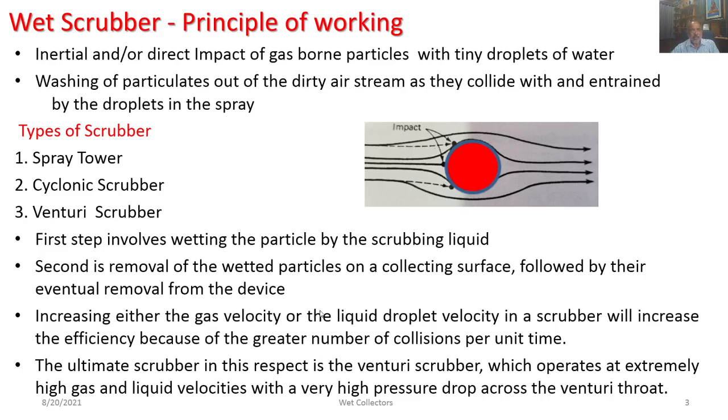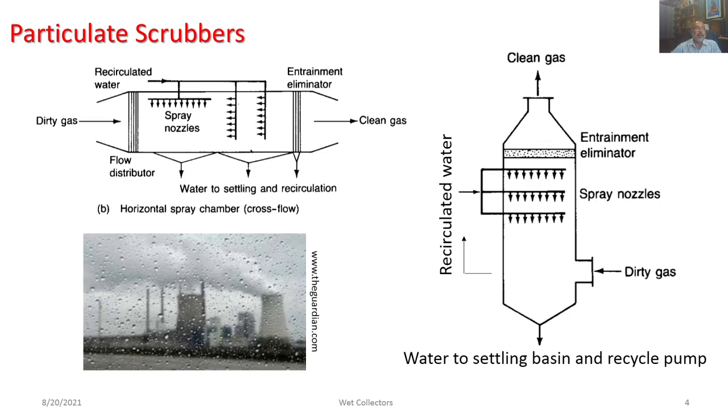With this consideration of the number of collisions and hence higher efficiency, the venturi scrubber operates at extremely high gas and liquid velocity with a high pressure drop across the venturi throat, and hence better efficiency.